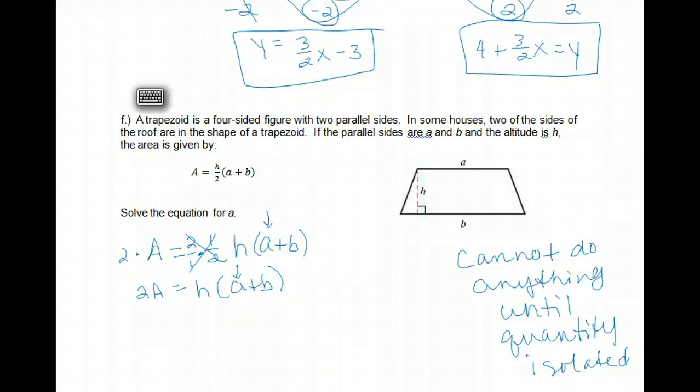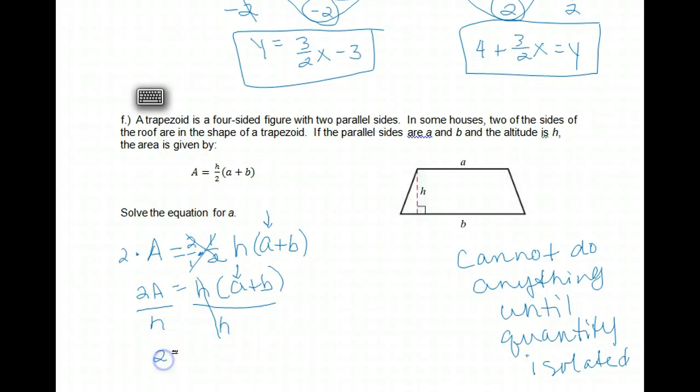Now we just have an h attached to our quantity. What's happening between the h and the quantity? They are being multiplied. How do we undo multiplication? We divide. What am I trying to get rid of? The h. So we're going to divide both sides by h.